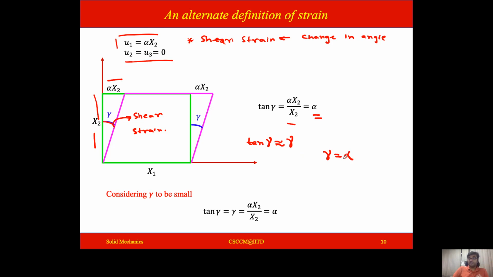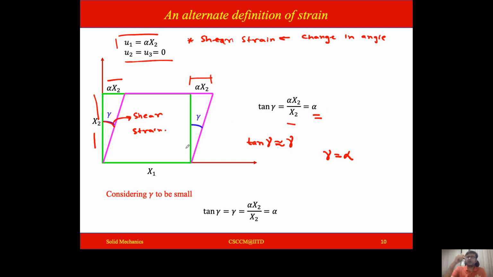So gamma was the shear strain, and alpha was the ratio. So what you can say is that shear strain can be defined as the change in length in the lateral direction by the actual length in the perpendicular direction, that is the longitudinal direction. So that is another definition of shear strain.